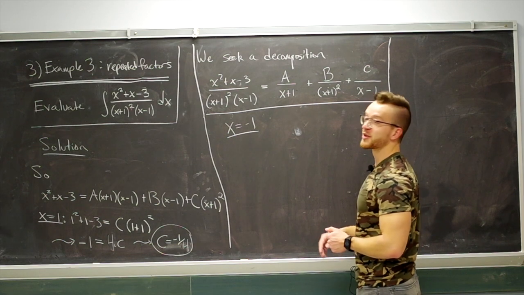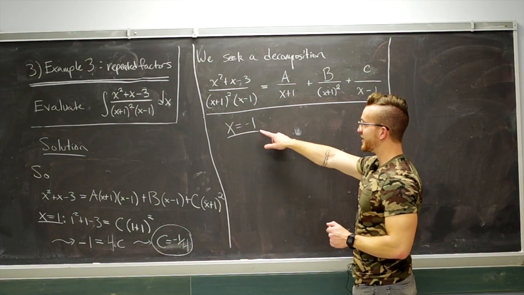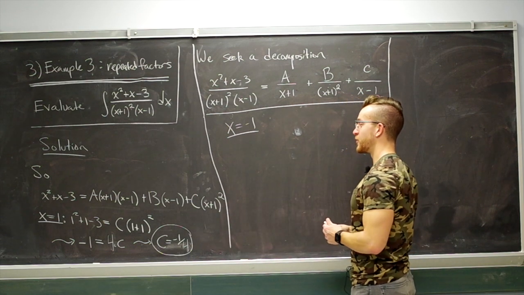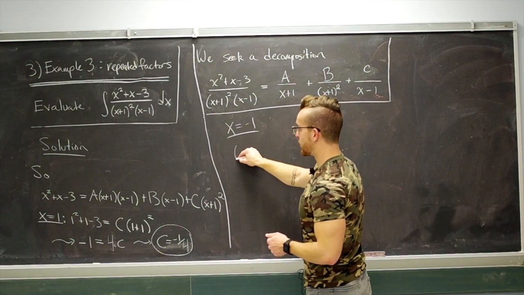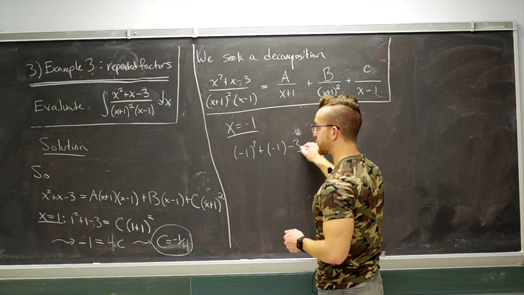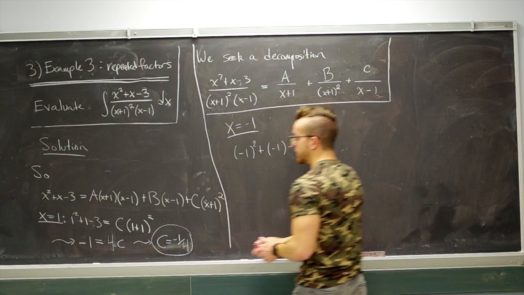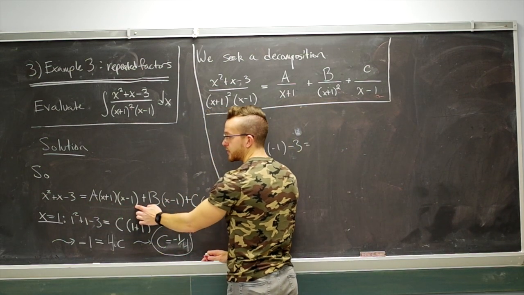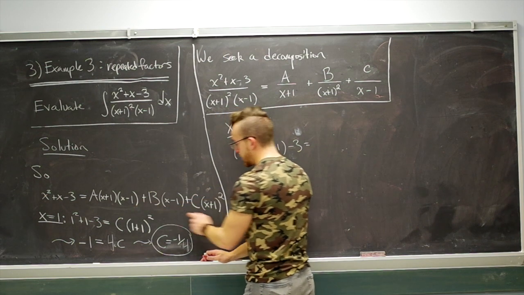All right, let's see if I can get the next one without any mistakes. Plug in x equals negative 1 into this equation, and what happens? On the left, we get negative 1 squared plus negative 1 minus 3 equals. Negative 1 here kills off this entire term.